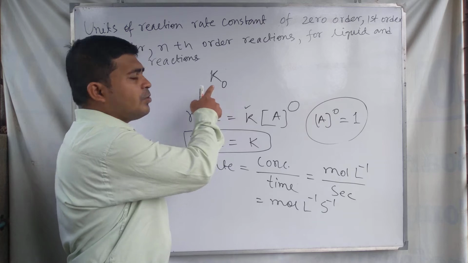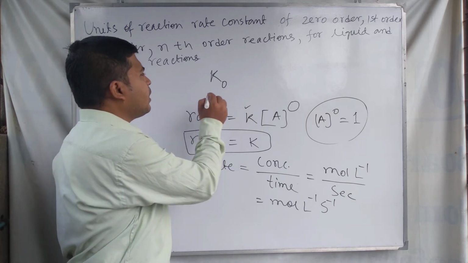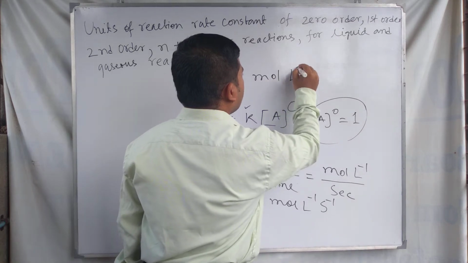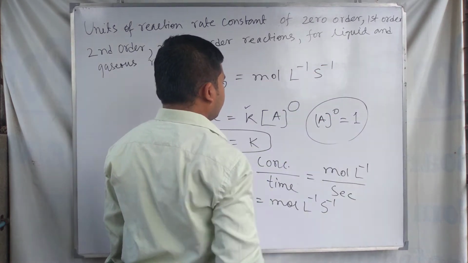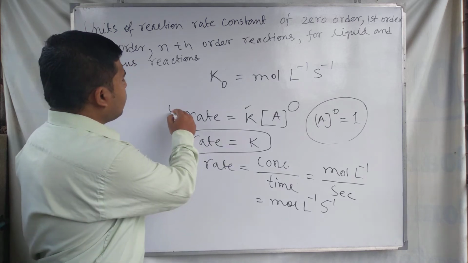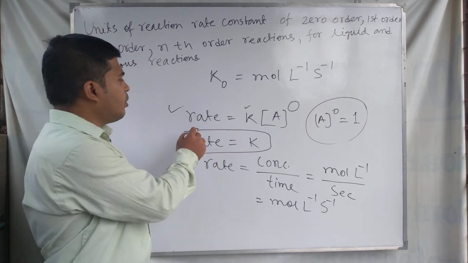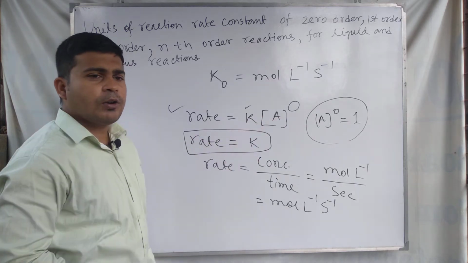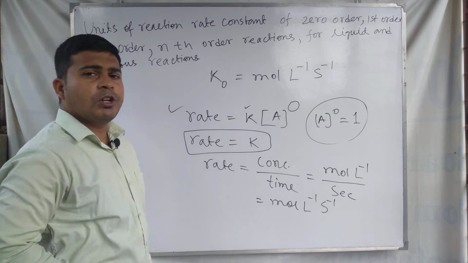The unit is mole liter inverse second inverse, because look at this rate equation for zero order reaction. Here A to the power 0 means 1 and rate becomes only K.